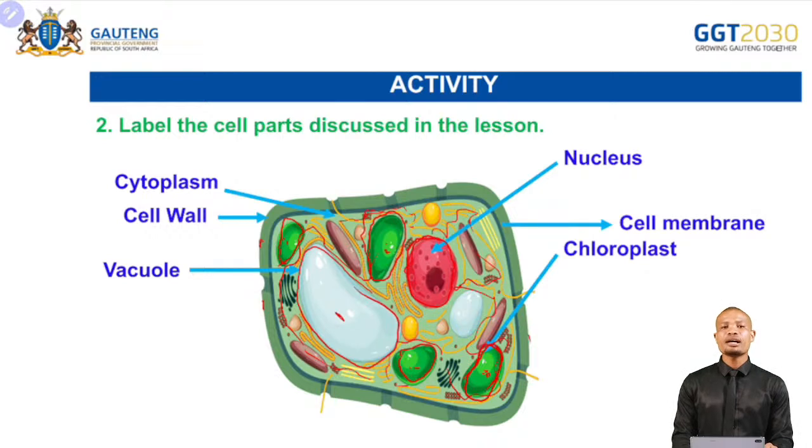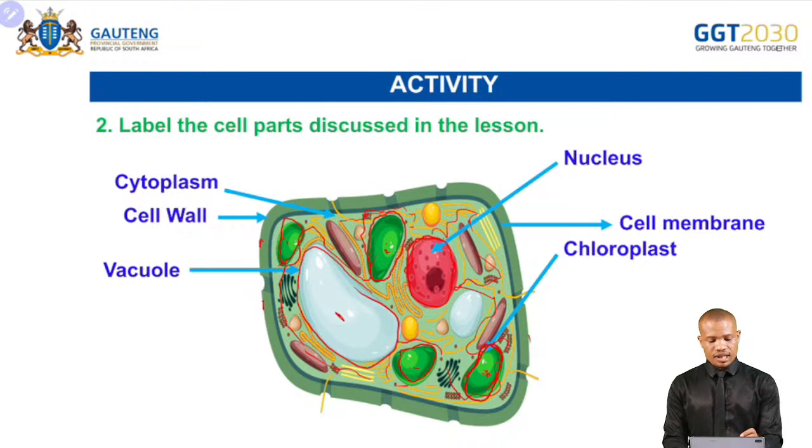We have the cell membrane. Now, it's very easy to confuse the cell wall and the cell membrane. So let's just try and make a distinction between the two. The cell membrane is the inner layer that encloses everything inside the cell. And the cell wall is the outer layer that gives the cell its rigid shape.